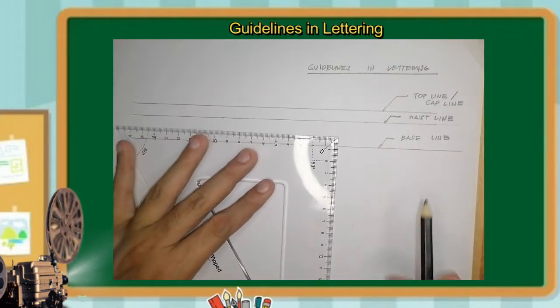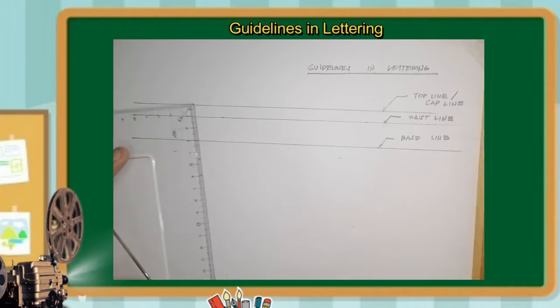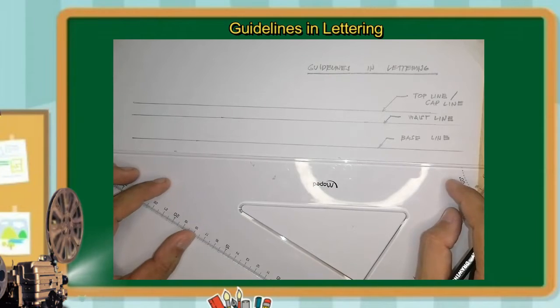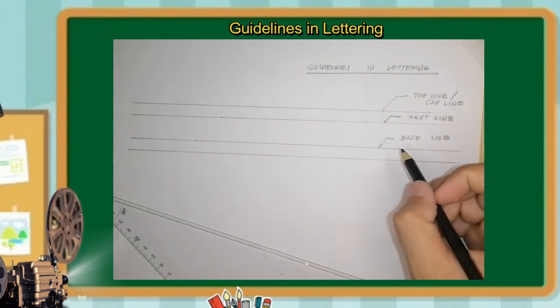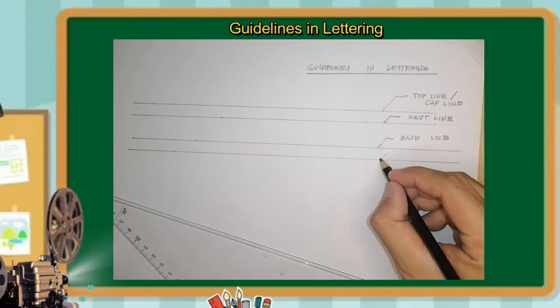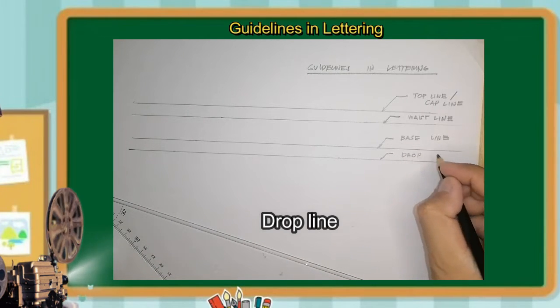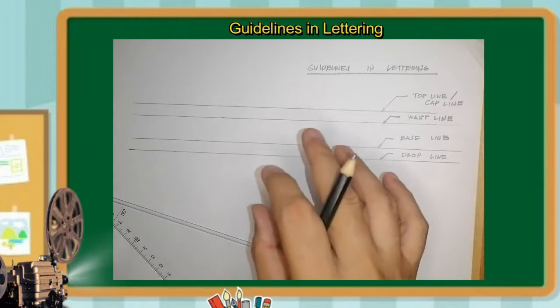So measure 1 centimeter from the baseline and make use of a straight edge. This last guideline is what we call the drop line.